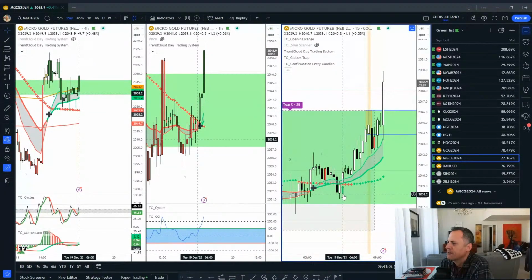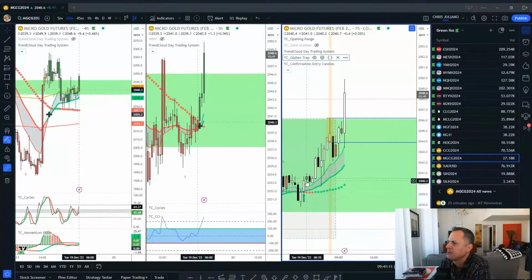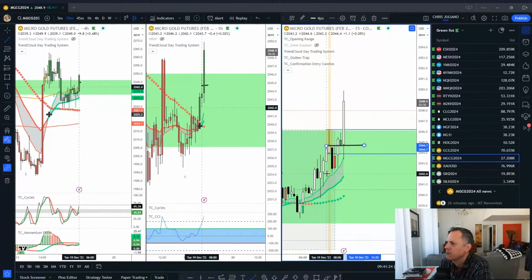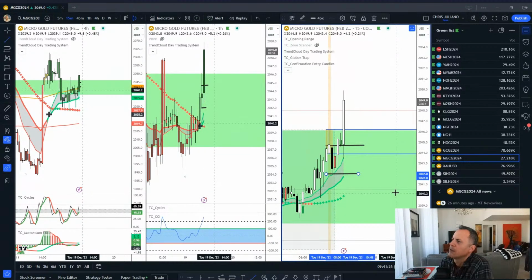We really got that signal. That's at 6 a.m., right? 6 o'clock in the morning. We got that signal, got some confirmation entry, right? Here's a confirmation entry candle, right? So that could be an entry. There's your stop loss. Now we've got this rally base rally.